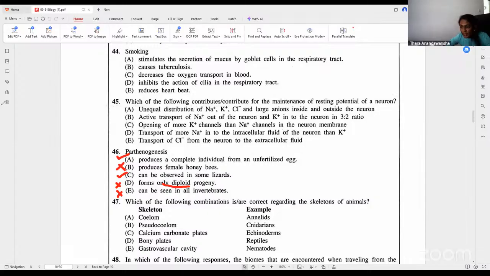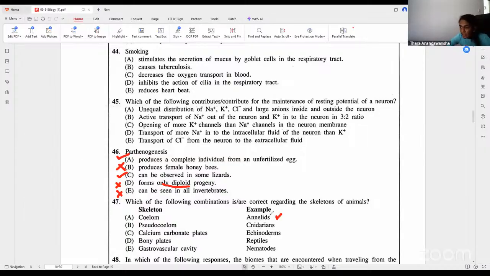Correct regarding skeletons of animals. There's no such skeleton called coelom, but coelom can act as a hydrostatic skeleton. So we can take it.